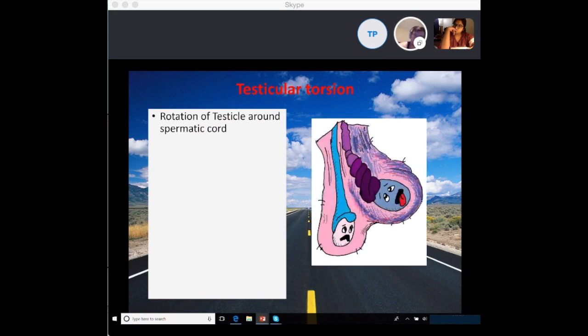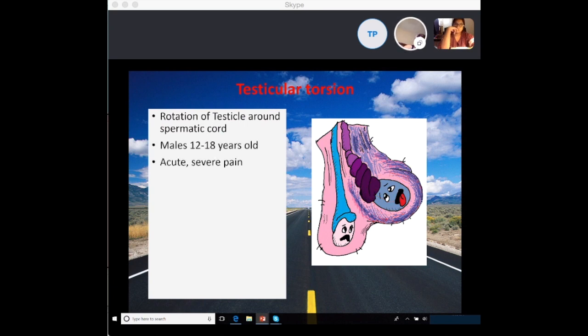If we're looking at this healthy guy, we have both a testicular artery and a testicular vein. But remember that the testicular vein is thin and floppy. There's a large lumen in there. So the vein is what's going to get compressed, and you're not going to have outflow. And so that's where you're going to get the necrosis associated with testicular torsion.